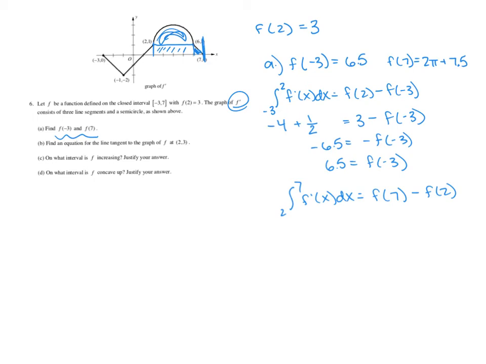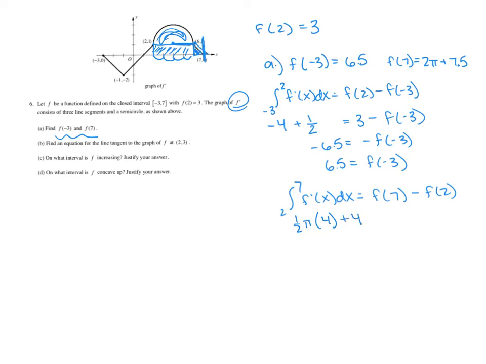So to get this area, first the semicircle, so 1/2 pi r squared. The 1/2 is just because it's only a half circle. 1/2 pi r squared, r is 2. And then we have plus, my rectangle is 4 by 1, so that's a 4.